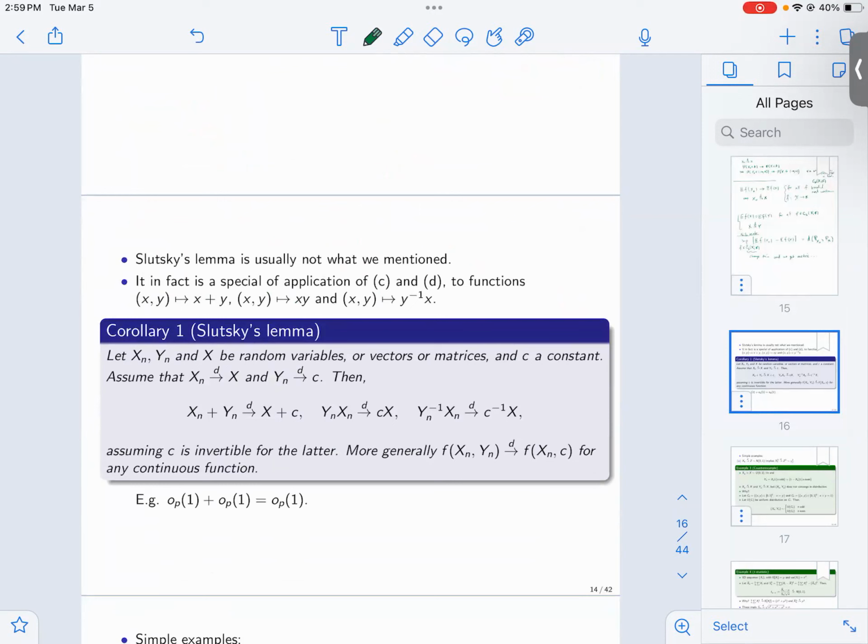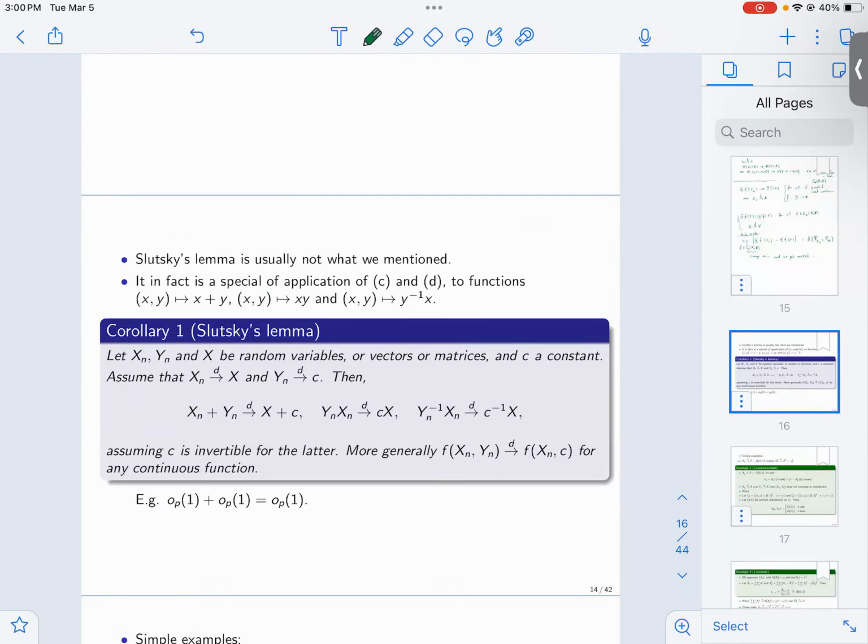This is the statement that I mentioned about Slutsky. So, for example, if Xn converges in distribution to X, and Yn converges in distribution to c, and here they can be scalars, vectors, or matrices, all natural in the space, then Xn plus Yn converges in distribution to X plus c. This will hold, and these can be matrices, but that's fine.